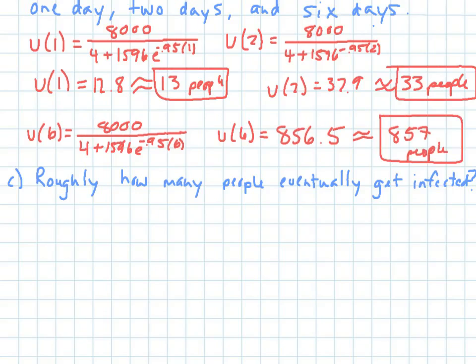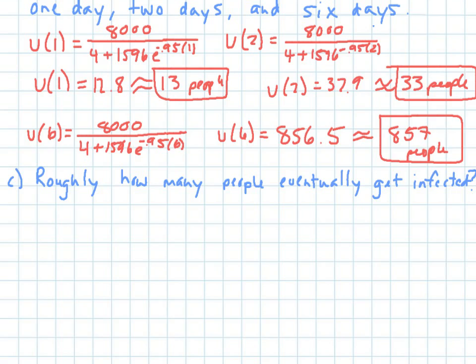So in the end, they want to know roughly how many people are going to be infected by this eventually. So if we take our function and plug it into our graphing calculator, it shows from the table that by the time you get to about 19 days, you eventually get to 2,000.